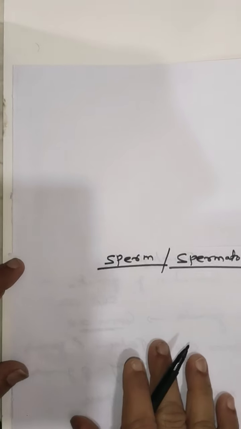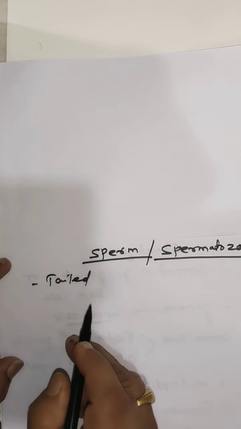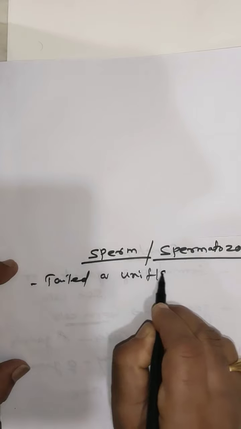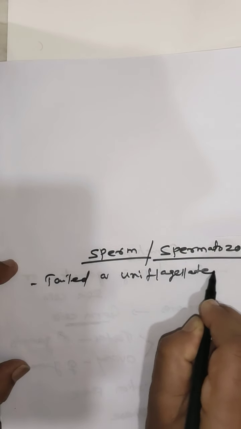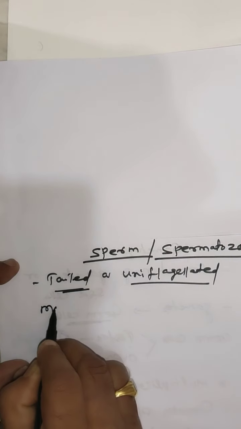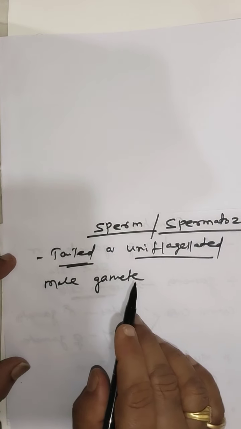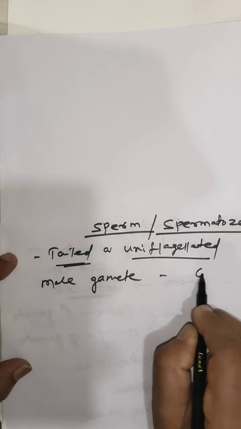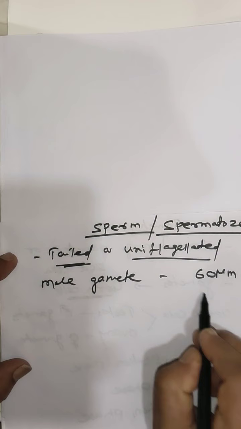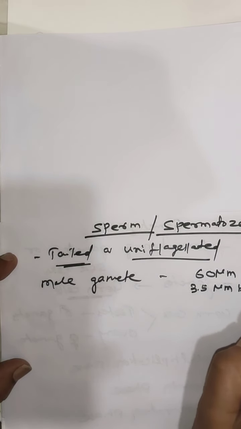In human, the sperm is a tailed or uniflagellated male gamete, about 60 millimicron long and 3.5 millimicron in breadth.